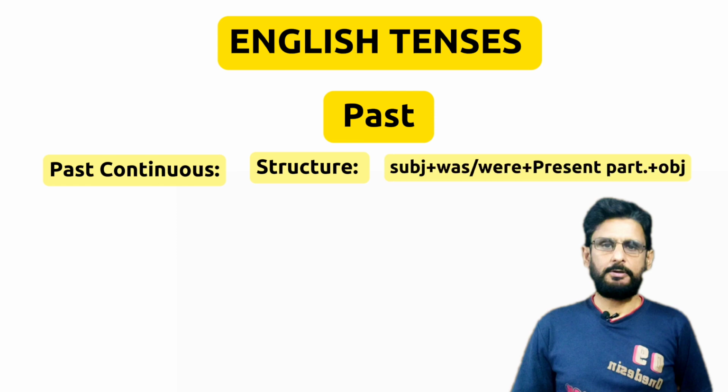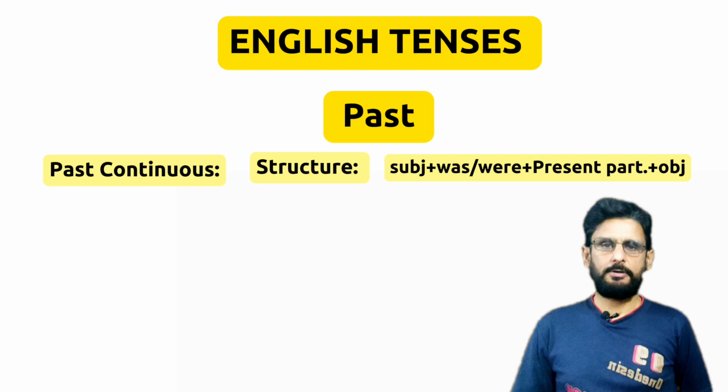Past continuous tense is the type of tense in which the event or incident takes place, an action takes place in the past in the continuous form. Right? In the continuous form. An activity or event or action takes place in the past, but it is in the continuous form. What is the structure of it? The structure of it is subject plus was or were as helping verbs plus present participle or ing form of the verb.